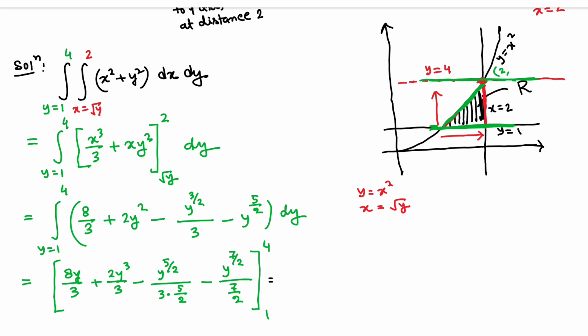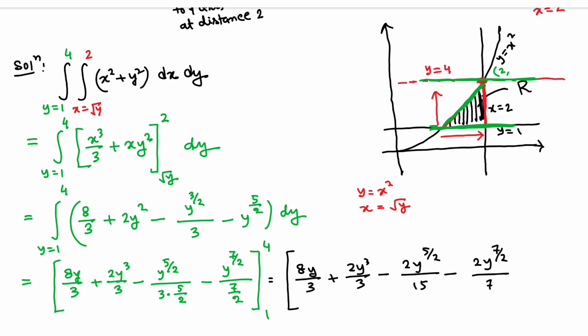If I simplify this, we get 8y by 3 plus 2y cube by 3 minus 2y to the power 5 by 2 divided by 15, minus 2y to the power 7 by 2 divided by 7, from 1 to 4.